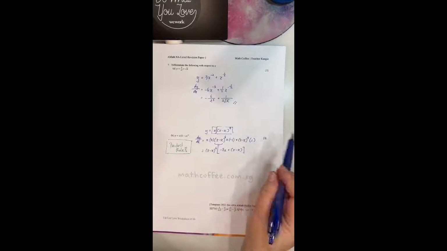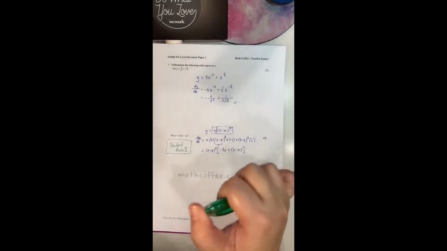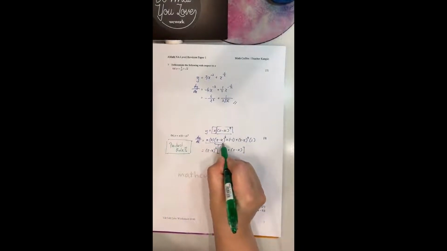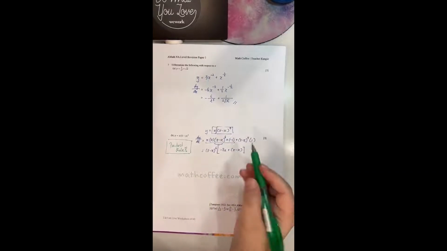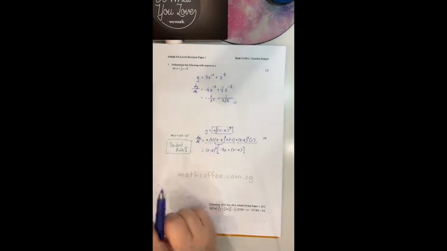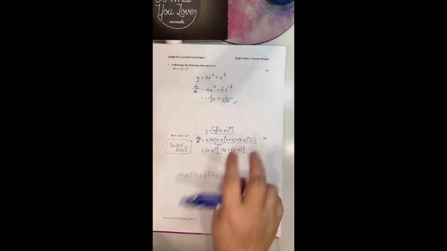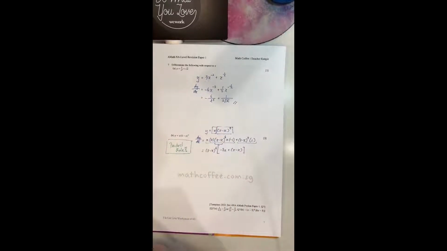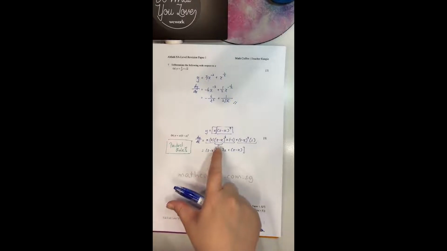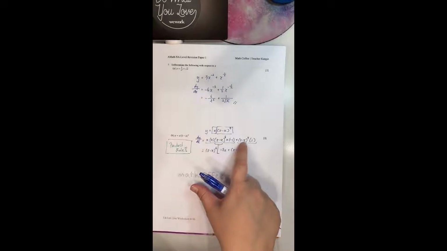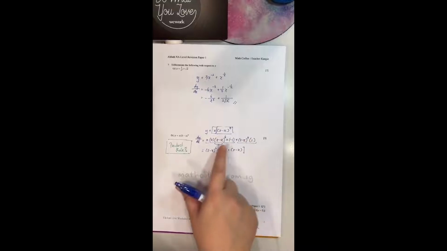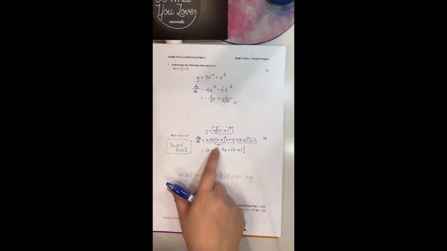So with this product rule, from here to here is considered one term, and this is considered one term. So there are actually two terms here, and you want to take out the common factor. The common factor is this 5 minus x. There's a 6 and a 7, and we take out the smaller one, so take out 6.